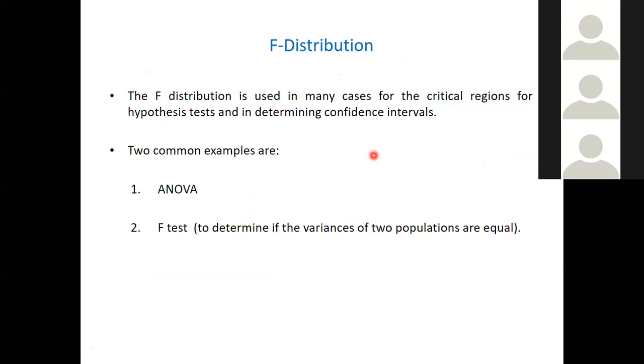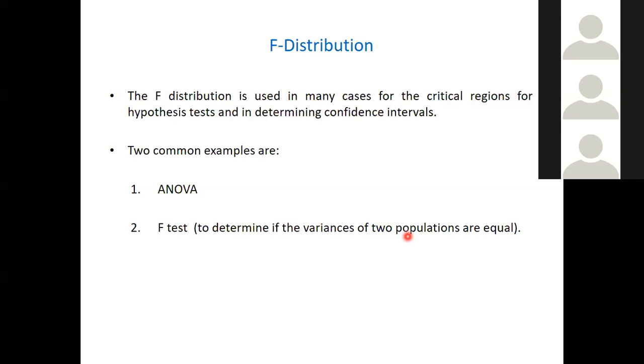Now, the F distribution is used in many cases for critical values for hypothesis tests and determining confidence. Two common examples are Anova, which is what we just described, and the F test to determine if the variances of two populations are equal. So you see, the F is not only for Anova. You can use it to compare two population variances by dividing one by the other.